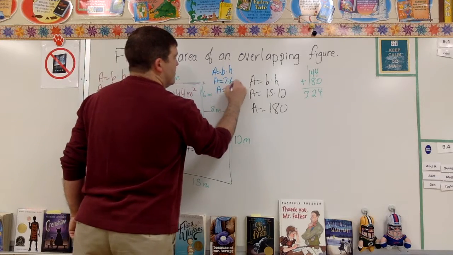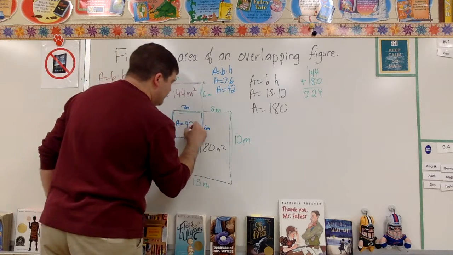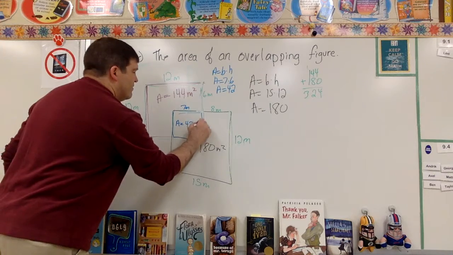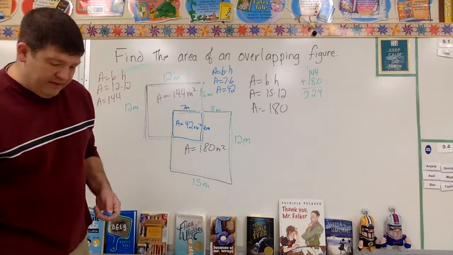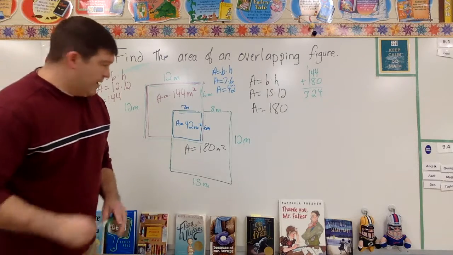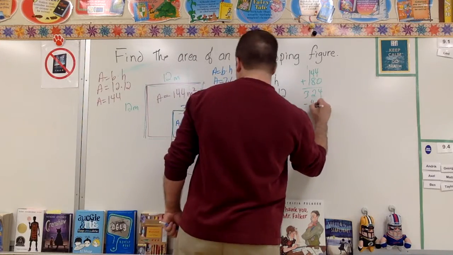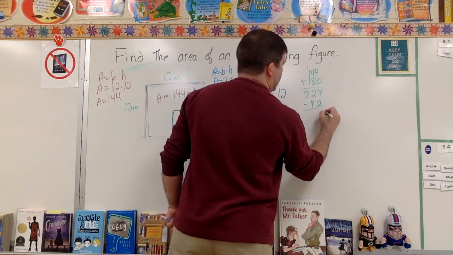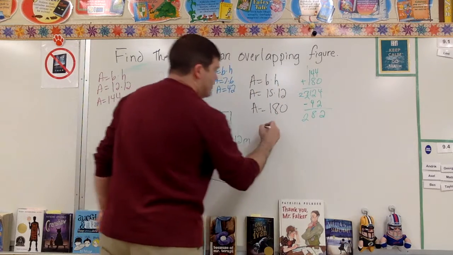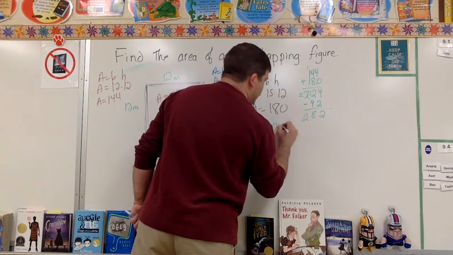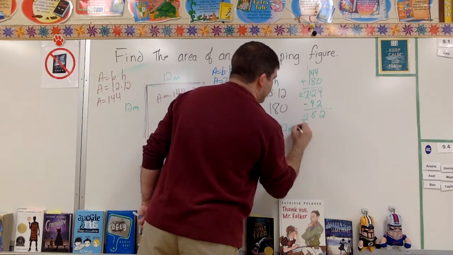Area equals 42. So this is 42 meters squared. So I need that one time. I don't need it twice. I have it twice. So let's get rid of it one time. Minus 42. That's 282. So I think area equals 282 meters squared.